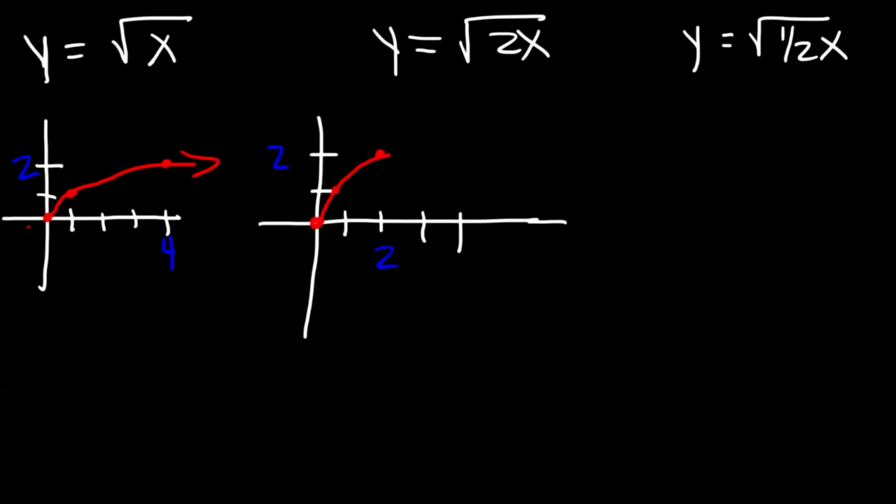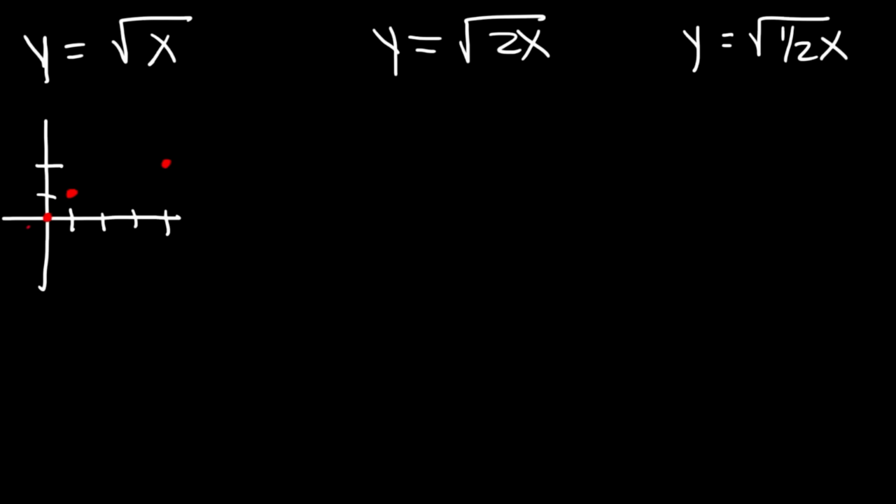Now granted, this graph will continue to grow, but I want to stop at the point where the y value is the same. So I'm going to stop at this point here. So you can see the effect that the graph has on x.